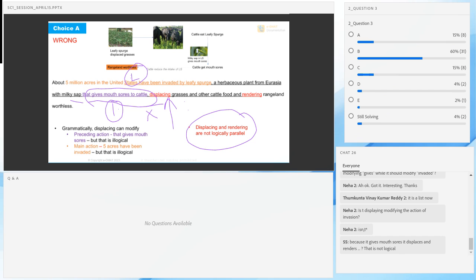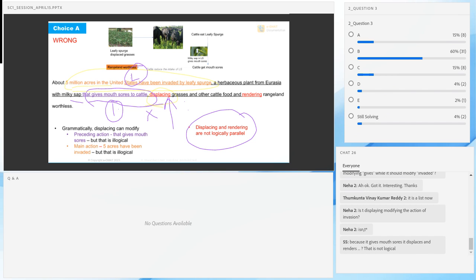But then there is this other preceding clause as well, the entire big clause. About 5 million acres in the United States have been invaded by leafy spurge, displacing grasses. That is not logical. Why?